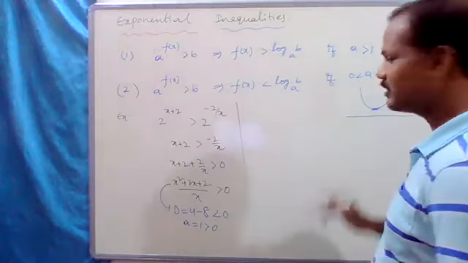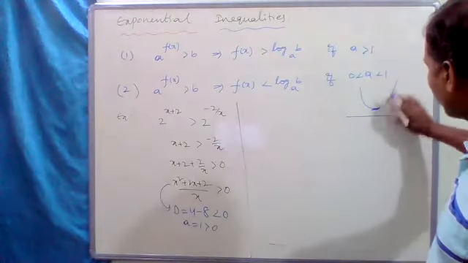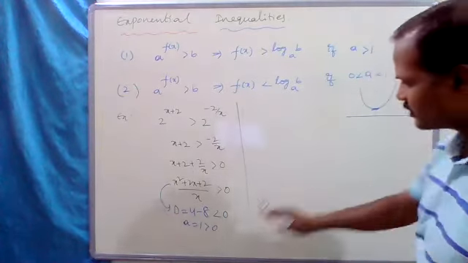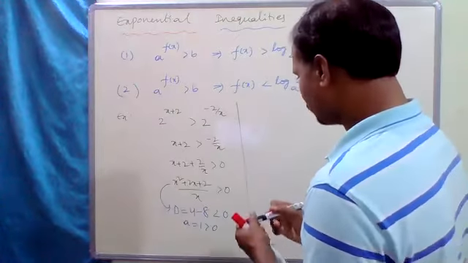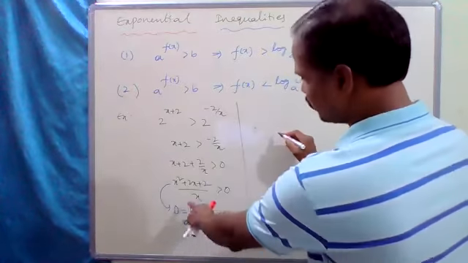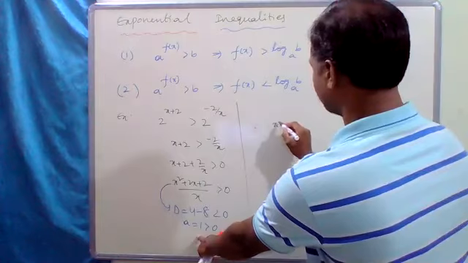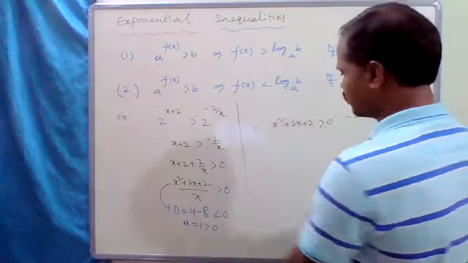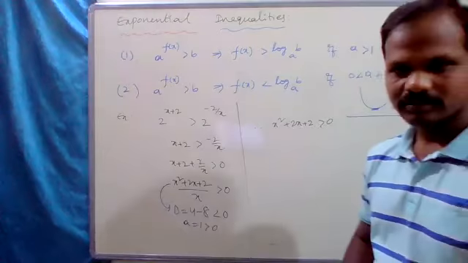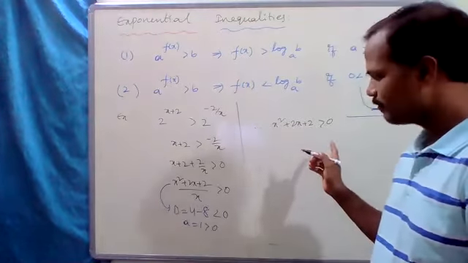Above the x-axis means the expression is always positive. Therefore, x square plus 2x plus 2 is always positive. Is it clear to everybody?